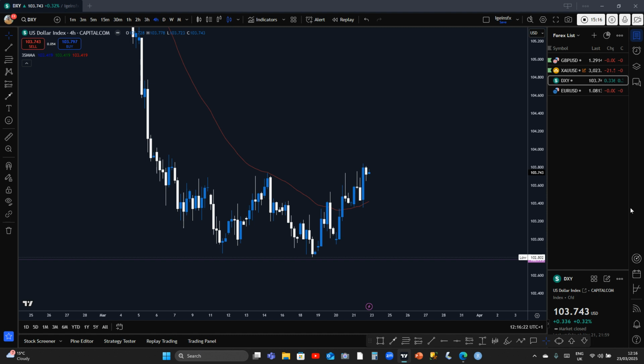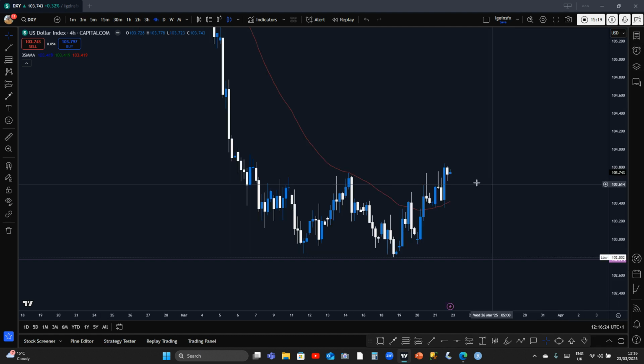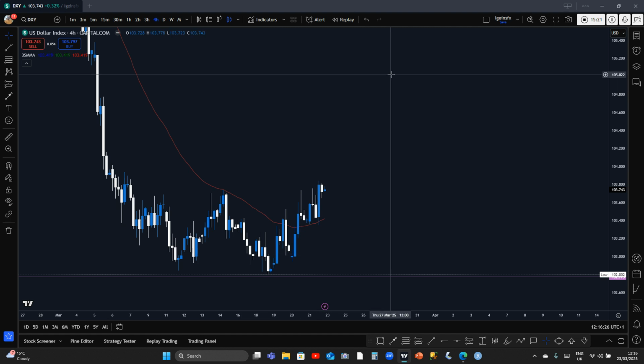Let me make it clear again. When DSY is bullish, any pair that you are trading where the quote currency is USD will be experiencing a bearish trend.